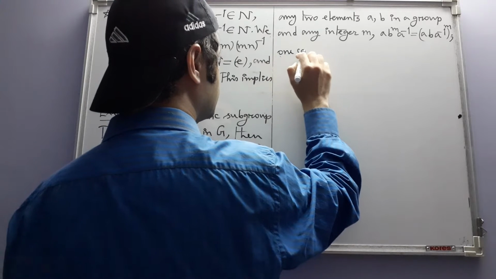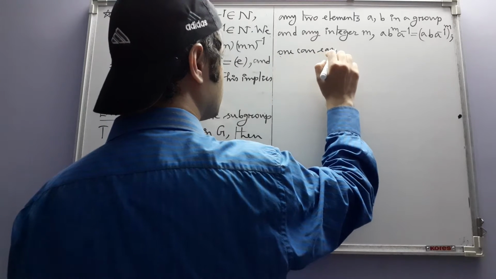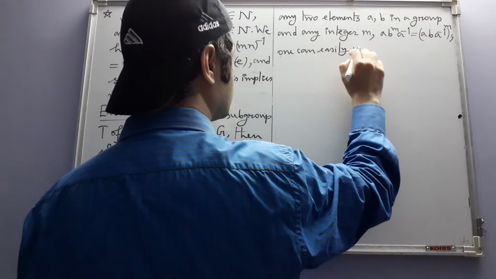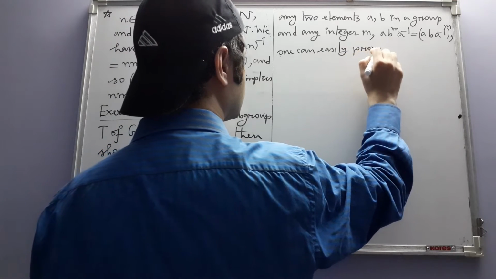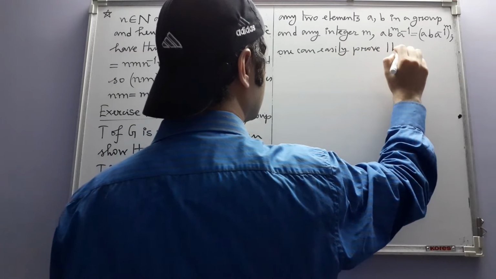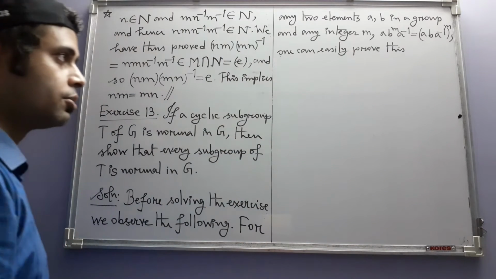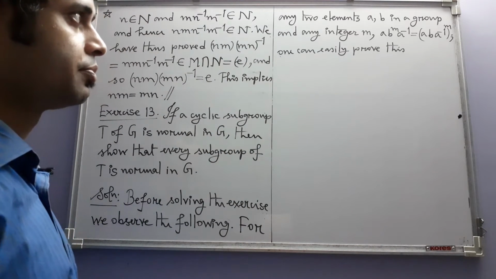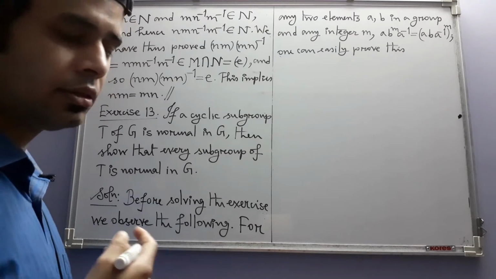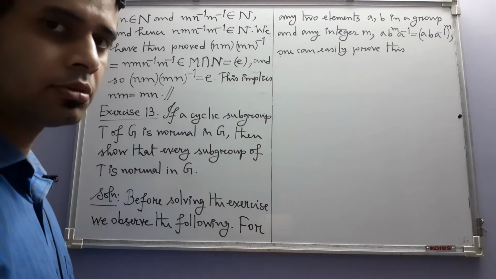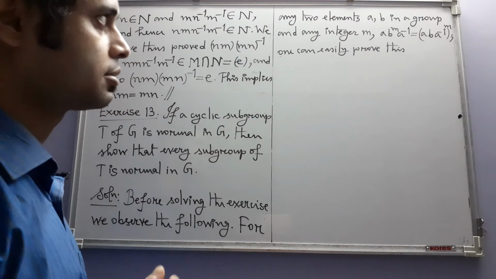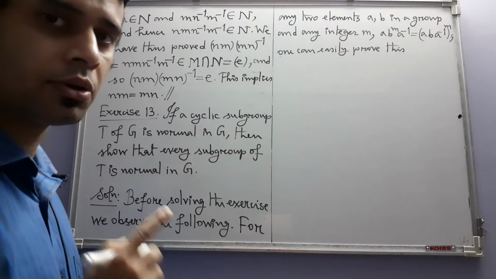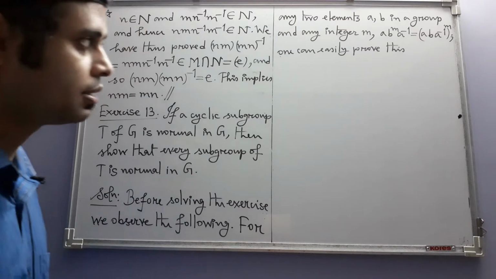One can easily prove this. To prove this, you just have to divide the identity into two cases, namely when m is non-negative and when m is negative.